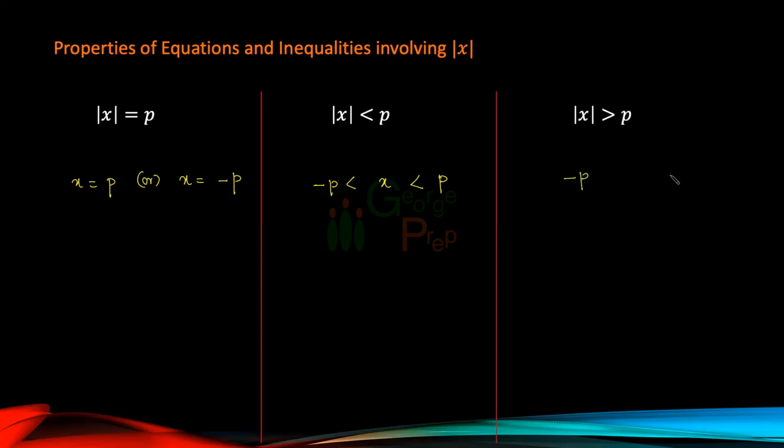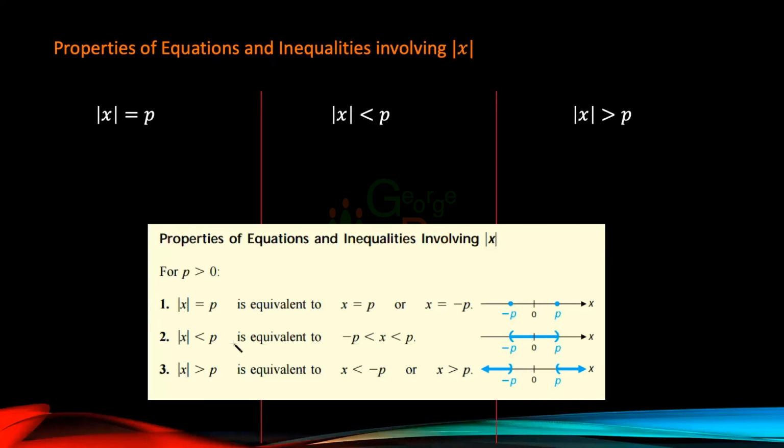So I can put minus p and p, but now I'll have to place x outside this. So x should be less than this or x should be greater than this. So without having to draw the line every time, we should be able to arrive at these three every time you see modulus of x equal to something, less than something, or greater than something, which is basically the summary of whatever we discussed.